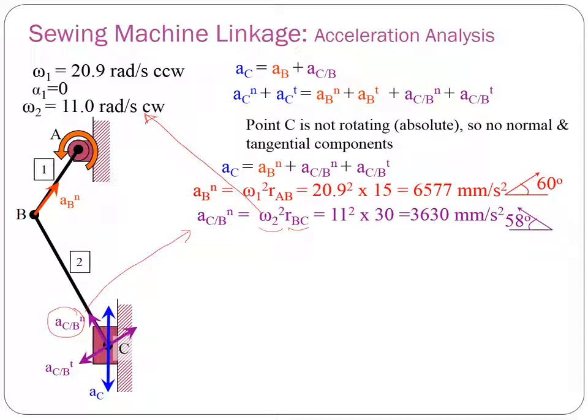First of all, you do the position analysis, then the velocity analysis, and then the acceleration analysis. So you do not need to double or triple solve before you can get to this part of the acceleration analysis. In this case, it's omega 2 square times 30, which is equal to 3630 millimeter per second square at a 58 degree angle.